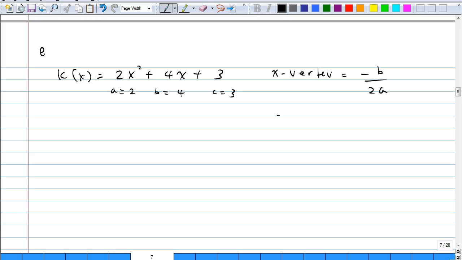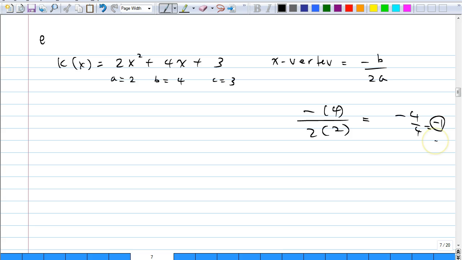Let's plug it in. Negative times something over 2 times something. What do I plug in for b? 4. What do I plug in for a? What do I get? Negative 4 over 4, which is negative 1. It's not 1, is it?